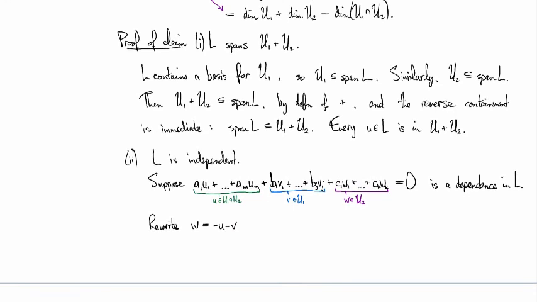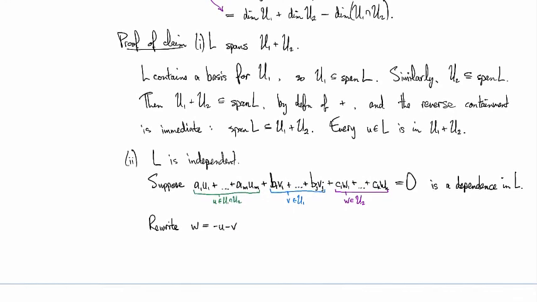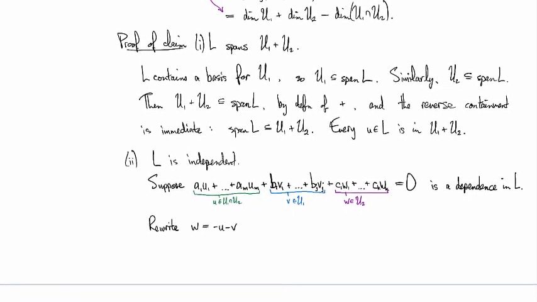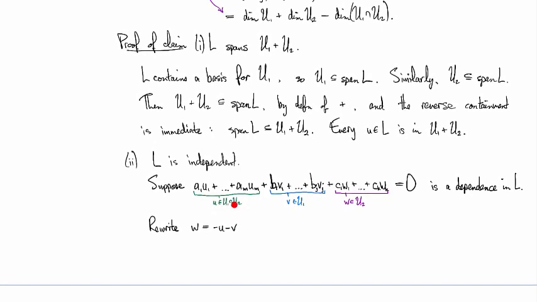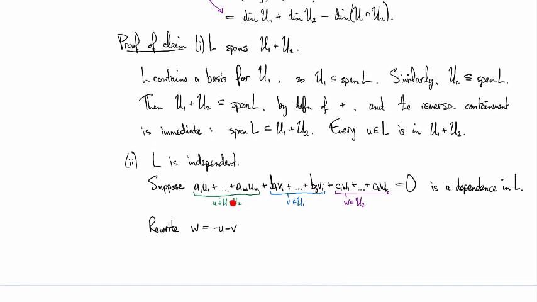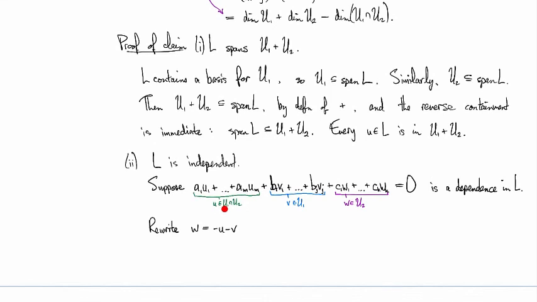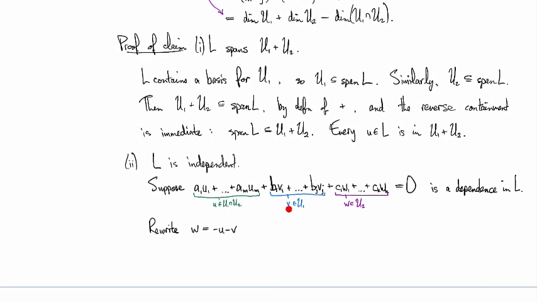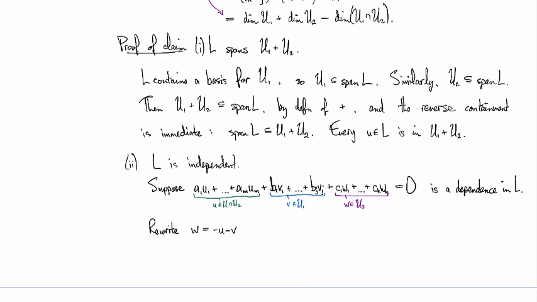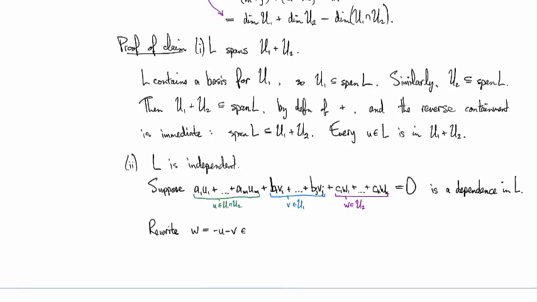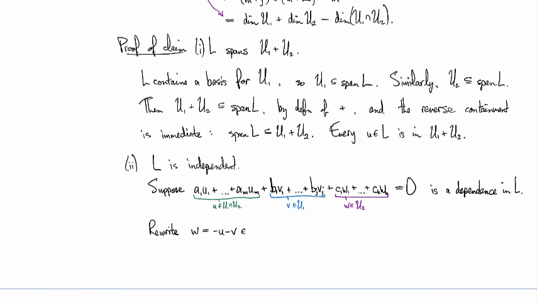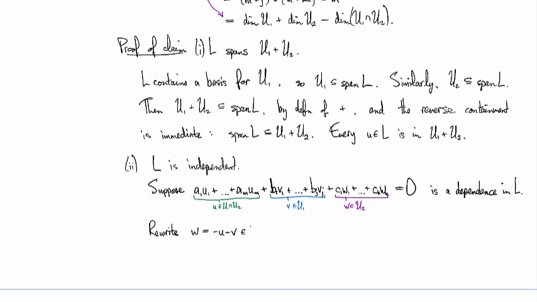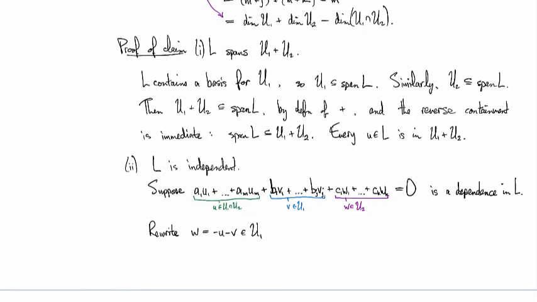Just subtract the u and the v over to the other side. And then when you look at these, what do you have? Well, you know that u is in the intersection of U1 and U2. So in particular, it's an element of U1. And v is also an element of U1. So that tells you that the negative of the sum of them is also going to be an element of U1.